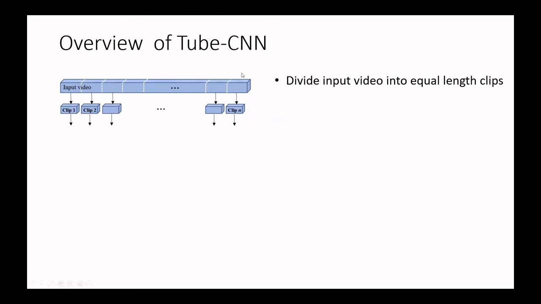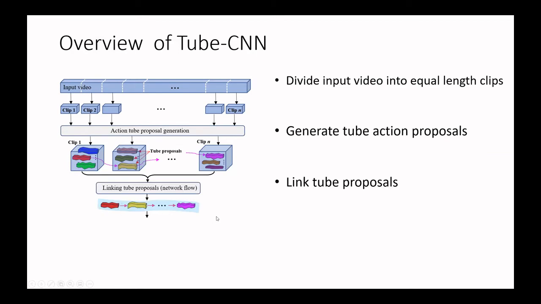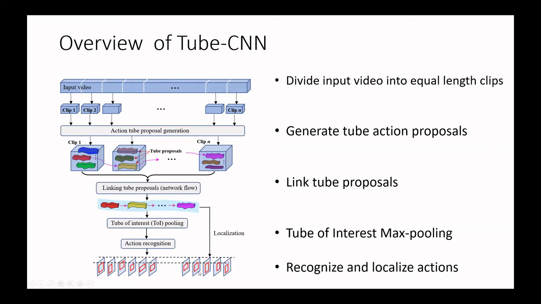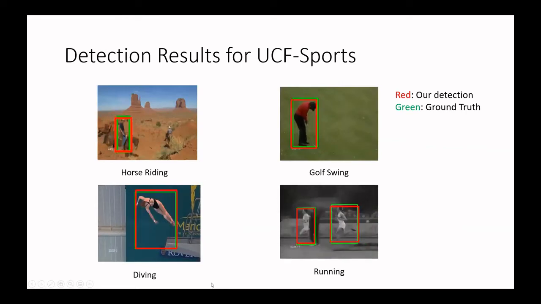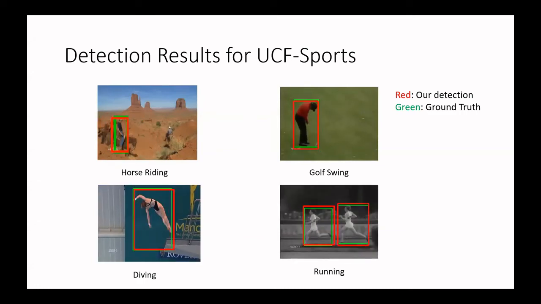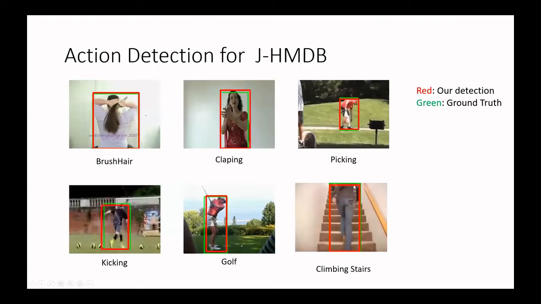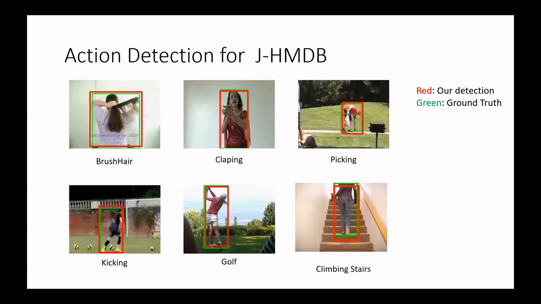We have an input video, we divide it into clips, and in each clip we get action proposals, then we link them to get a full proposal, and then we do the pooling, and we actually recognize and localize actions, and we get very good results. We can recognize an action, say horse riding, and say where the horse riding is. We can put a window on golfing, running, diving, and more examples: picking, clapping, and so on.